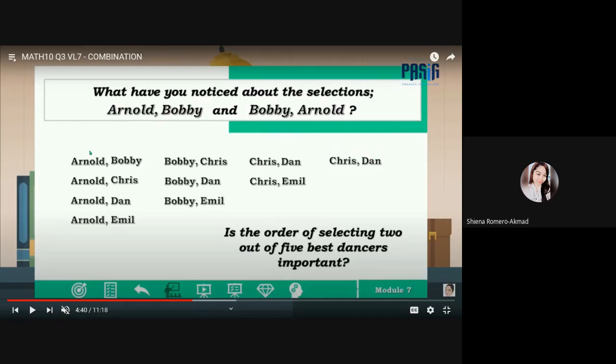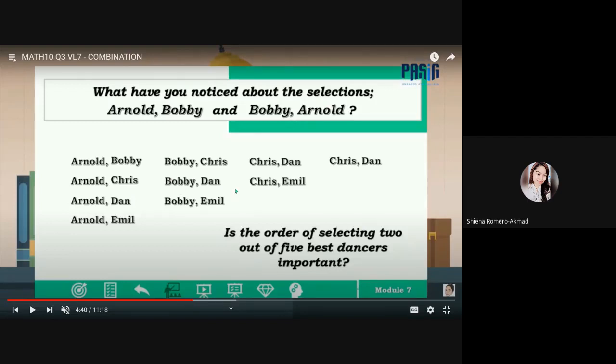So pag inalis natin yung mga arrangement na pare-pareho, makikita natin na ito lang po yung natitirang arrangement. Arnold Bobby, Arnold Chris, Arnold Dan, Arnold Emil, Bobby Chris, Bobby Dan, Bobby Emil, Chris Dan, Chris Emil, and Emil Dan. Okay, so kung bibilangin natin, there are only 10 arrangements na natira nung tinanggal natin yung arrangement na pare-pareho lang. We consider them as pareho lang kasi pareho lang yung tao na involved in that selection.